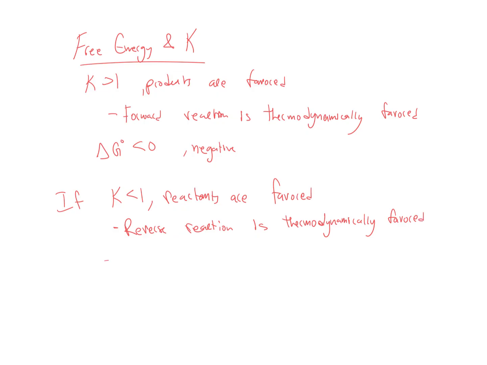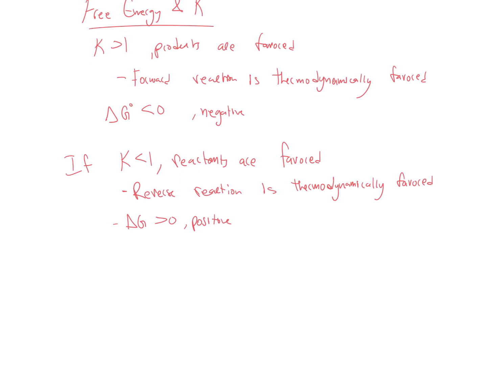And in other words, delta G, for the case of K is less than 1, is going to be greater than 0 or positive, which basically means the forward direction is not favored. And so delta G will be more than 0, it'll be positive.